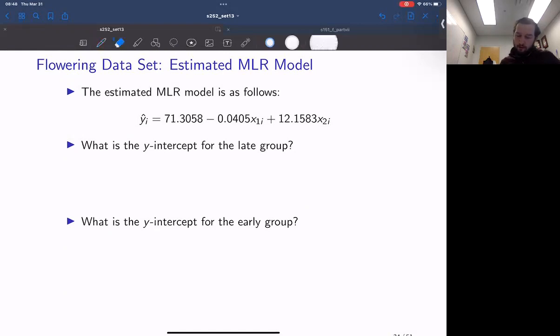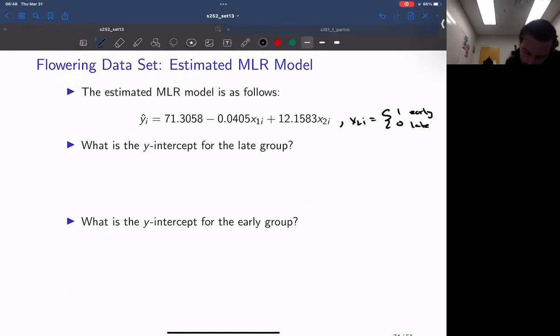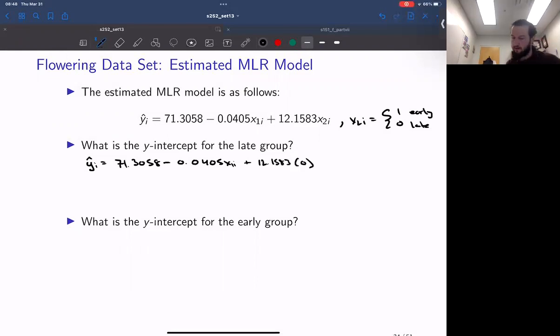We have a couple of questions. What is the y-intercept for the late group? First off, recall x2i is equal to 1 if early and 0 if late. So here we have yi hat is equal to 71.3058 minus 0.0405 x1i plus 12.1583 times 0.